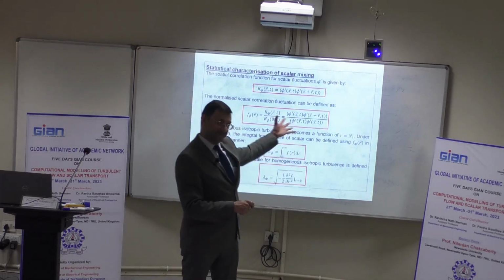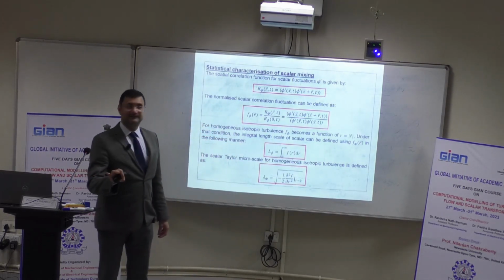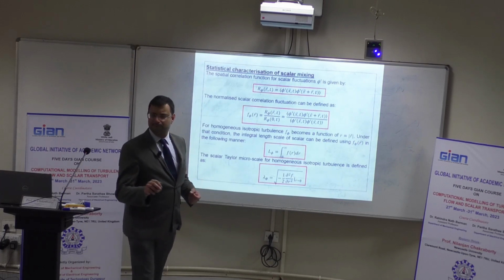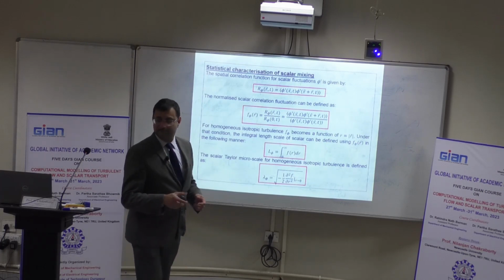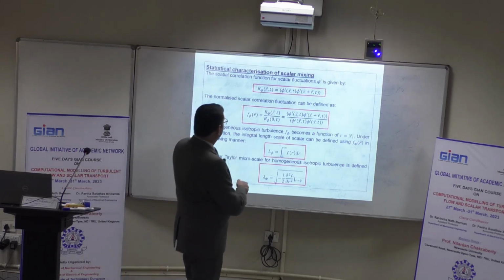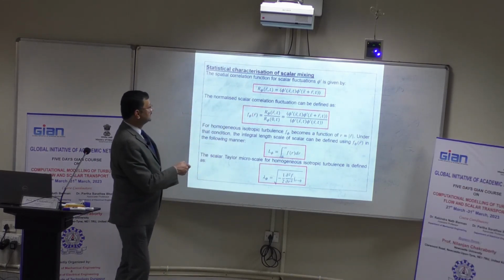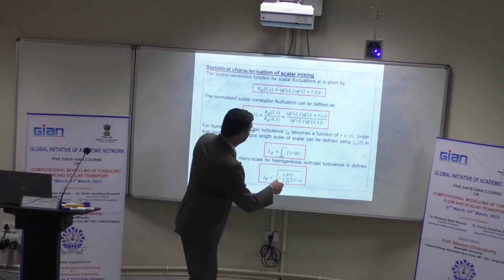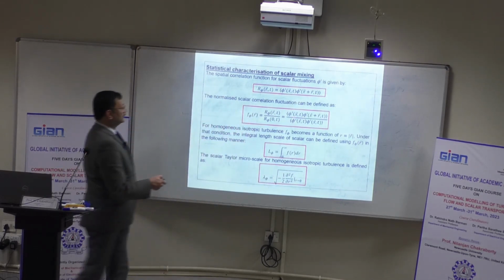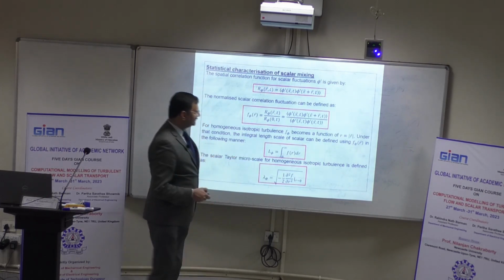And most of the time, that's what is used. So here one can have a normalized scalar correlation function in this manner. So basically it's a normalized spatial correlation function.